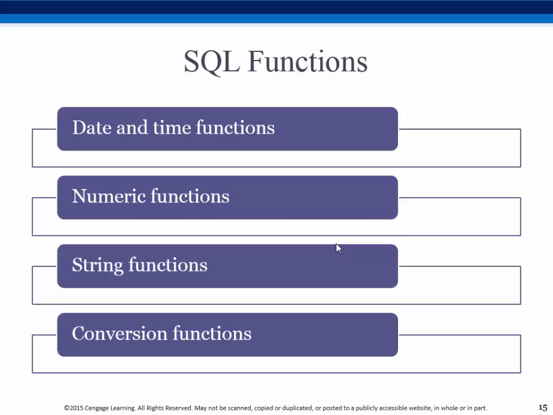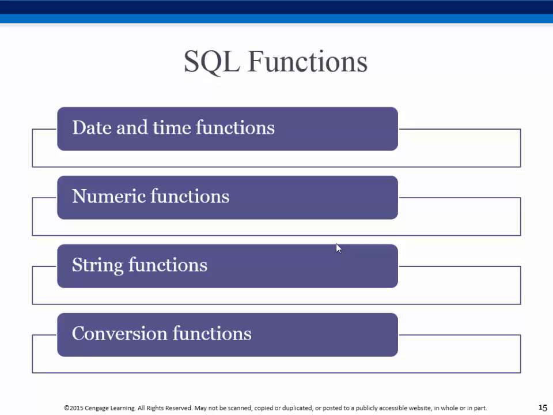All right, there's a big table with your functions. Your Access and SQL Server date-time functions are on page 346 in your book. Your Oracle functions are on page 347. Your MySQL functions are on page 348.